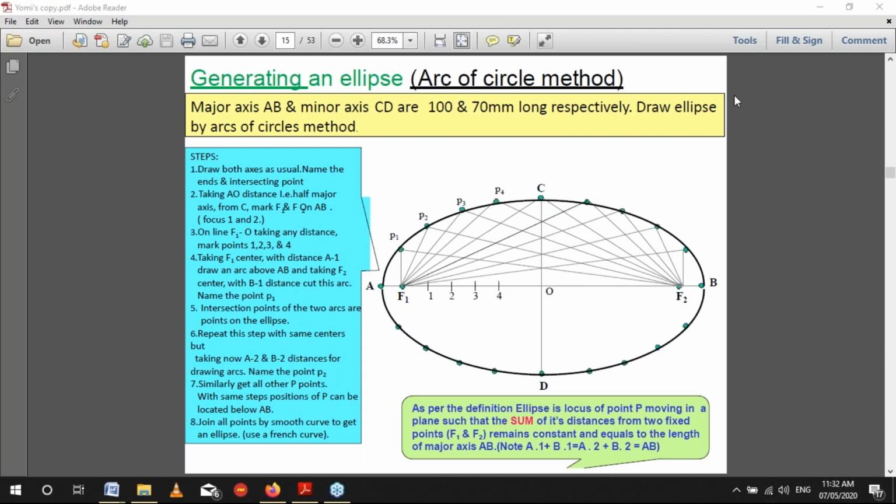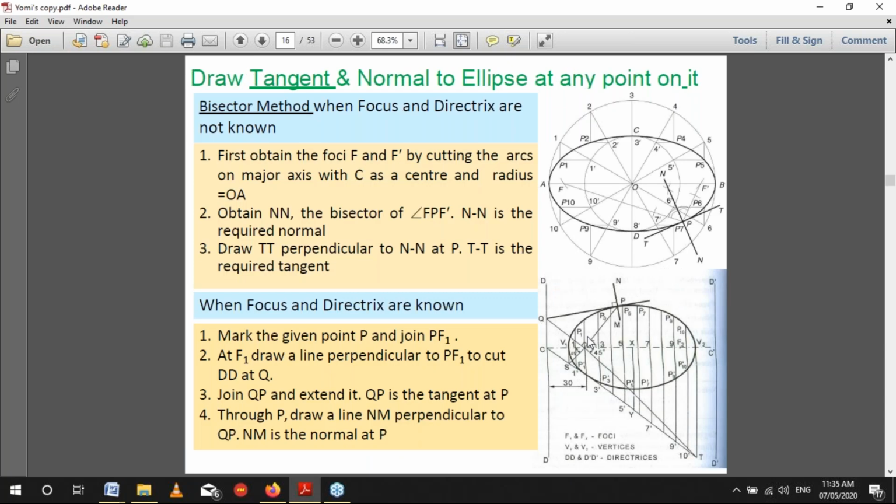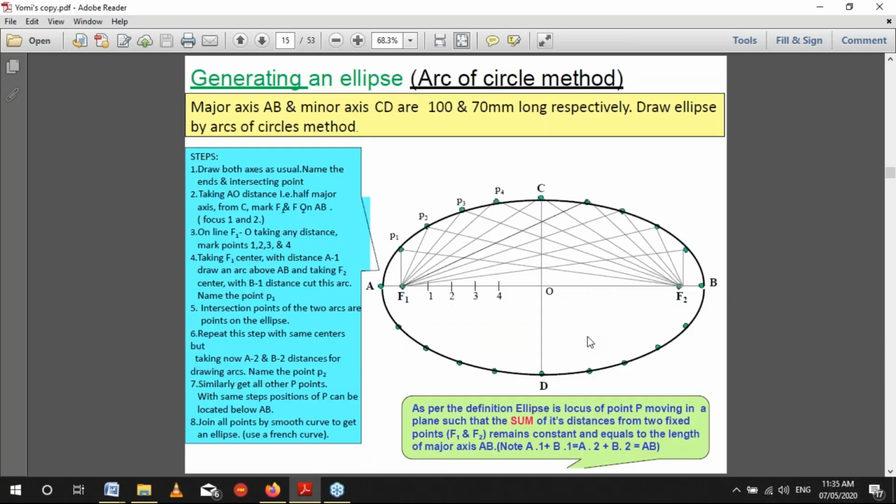So what you do in this case, the first thing you do is obtain the foci, F1, on major axis with C. At the point P, TT is the required tangent.